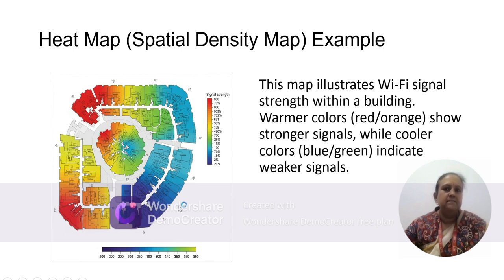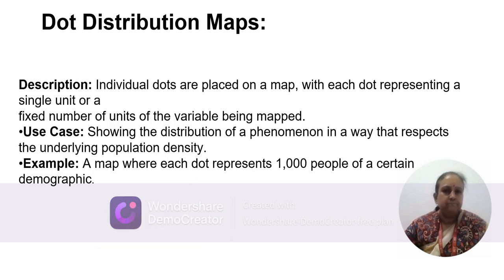This map shows signal strengths within a building. Warmer colors like red and orange indicate stronger signals, whereas cooler colors like blue and green indicate a weaker signal. So it is very easy to identify where signals inside a building have higher or weaker strength.